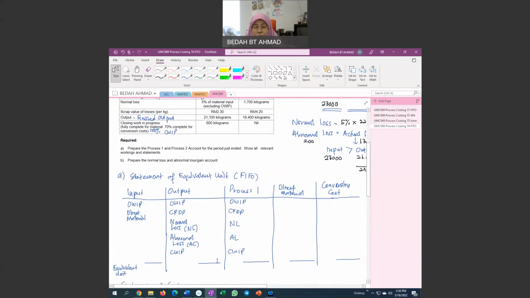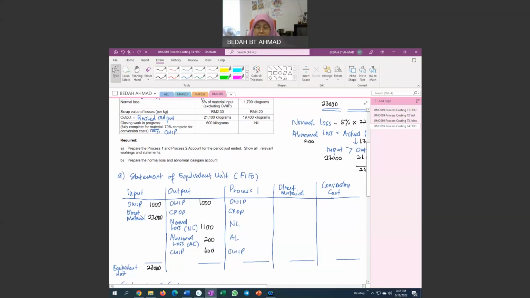So for input, we have the opening work in progress 1,000, then the direct materials 22,000, so here is 23,000. And from this input, it goes as output: 1,000 opening work in progress. Normal loss we computed just now is 1,100. Abnormal loss is 200, and the closing work in progress is 600.